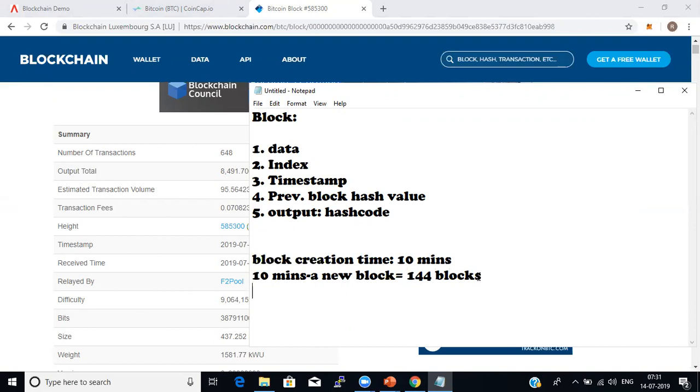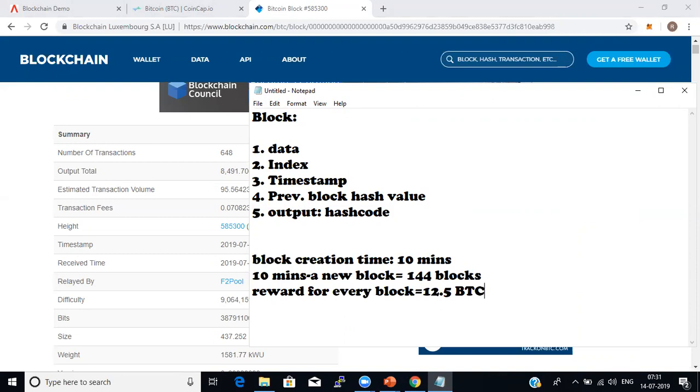For every block, the reward right now is 12.5 BTC. So for every 10 minutes, 12.5 Bitcoins are coming into the network.